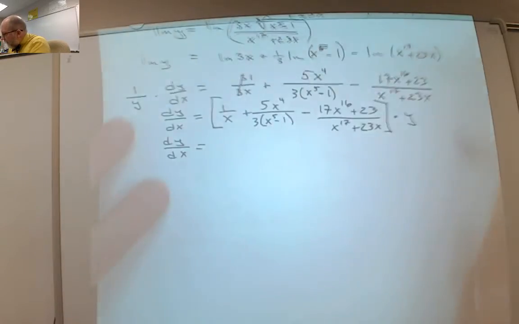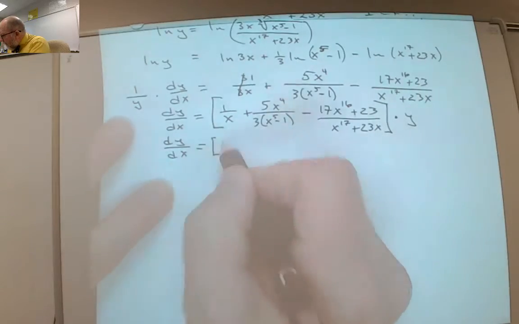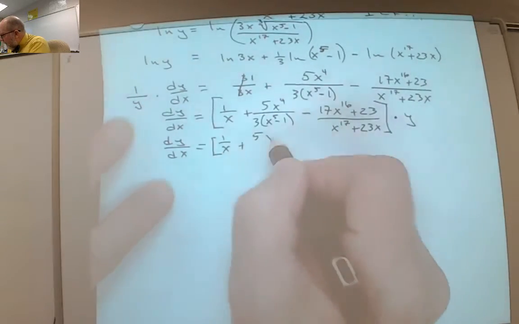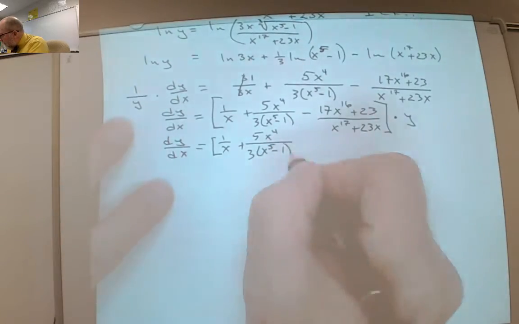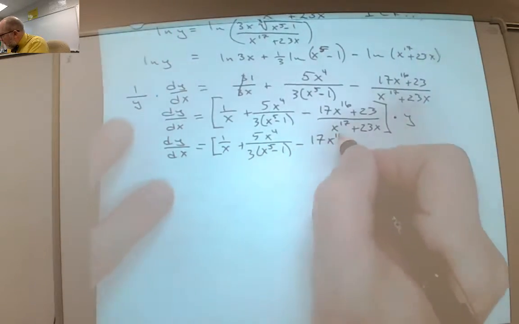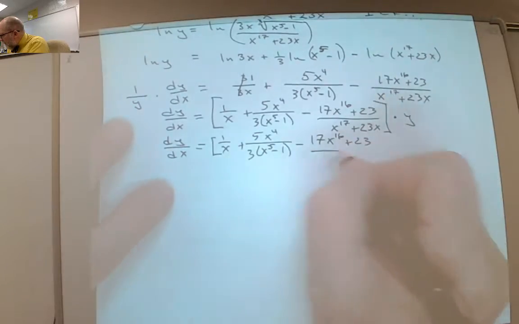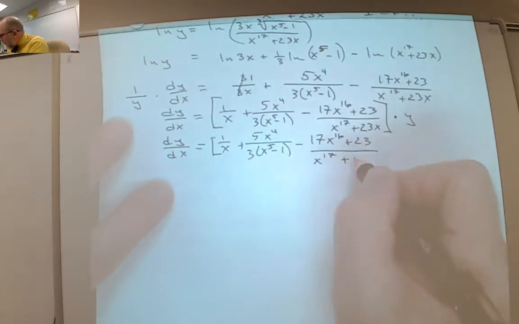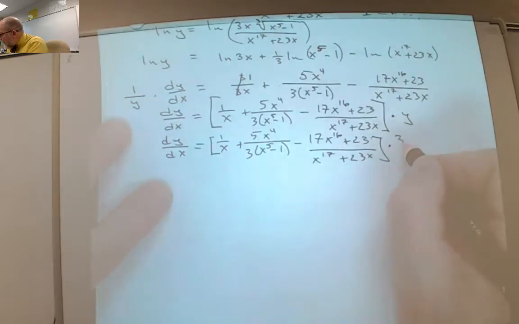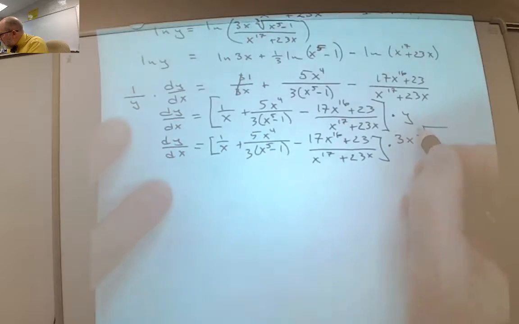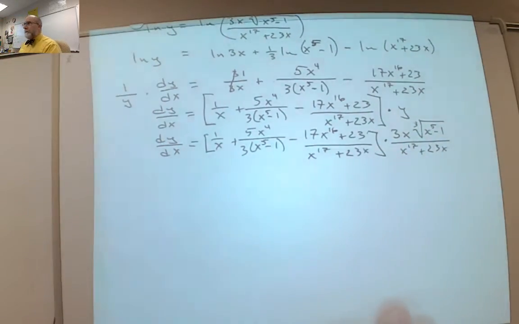So my final answer is going to be bracket 1 over x plus 5x to the 4th over 3 times x to the 5th minus 1, minus 17x to the 16th plus 23 over x to the 17th plus 23x, times, now I'm going to replace that y with 3x cubed root of x to the 5th minus 1 over x to the 17th plus 23x, and I'm done.